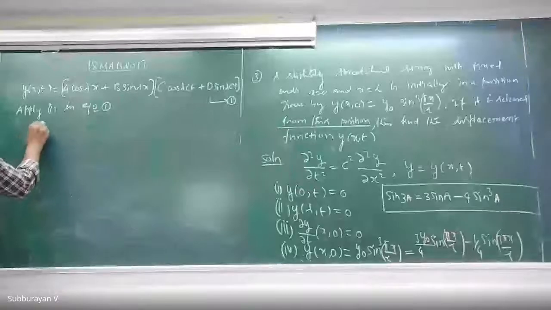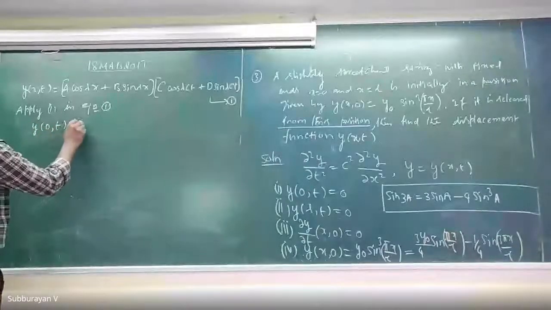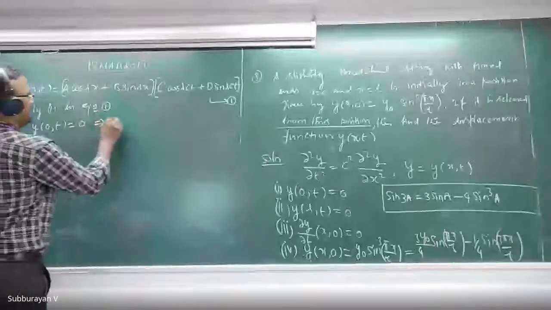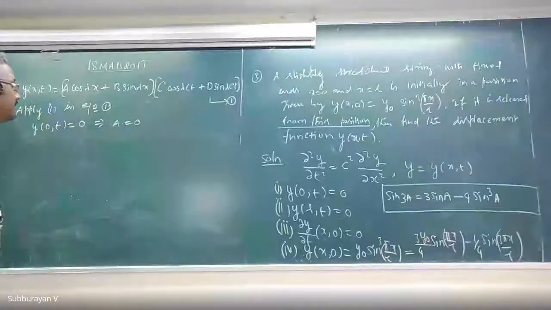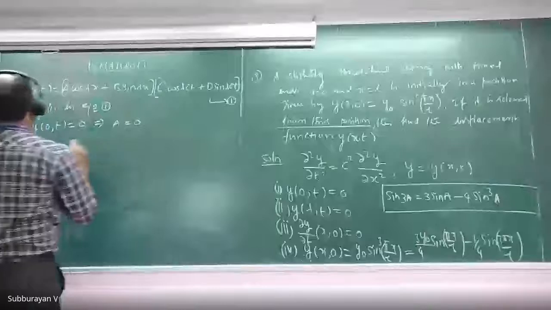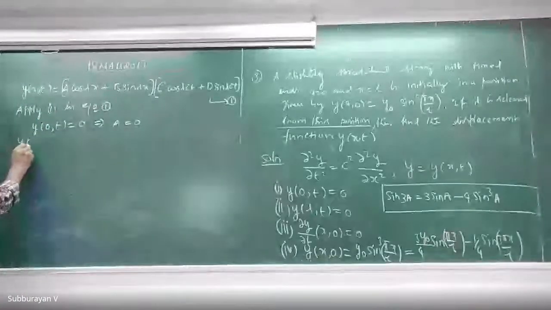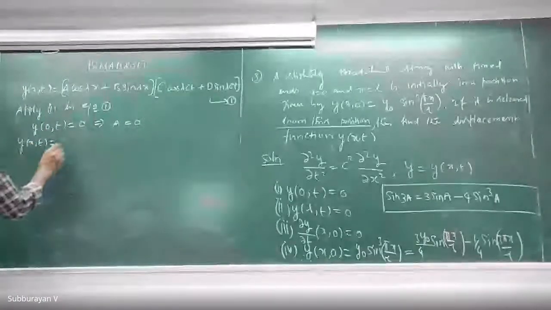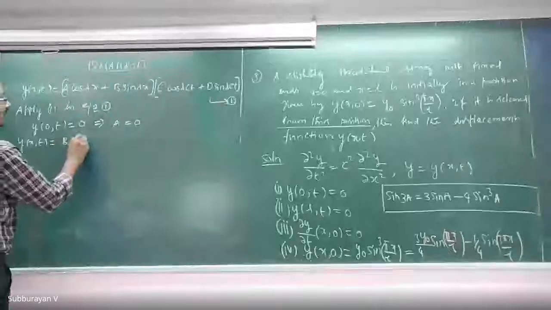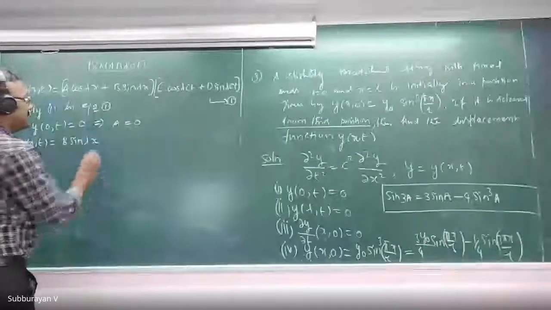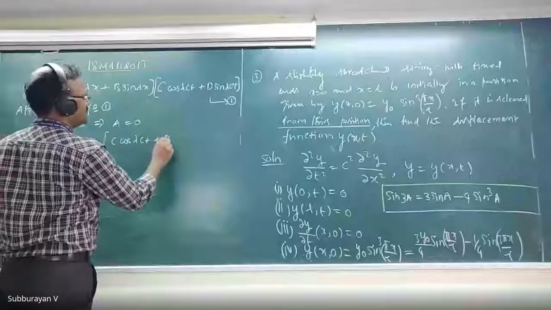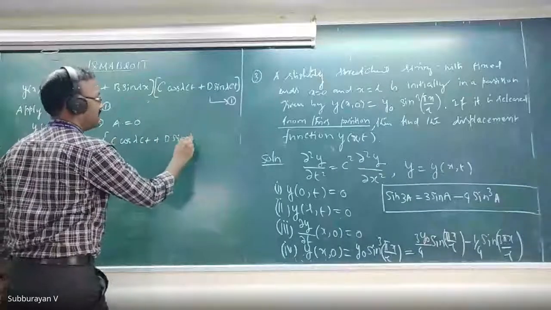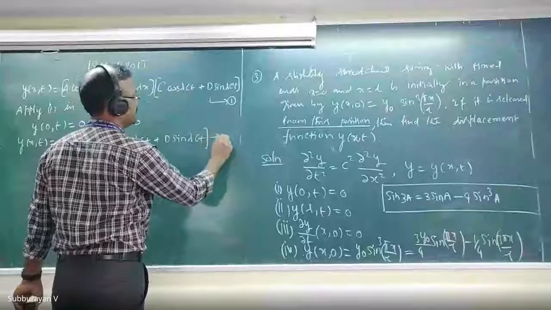That is y of 0 comma t equal to 0, which implies a equal to 0. Please verify it. Therefore, y of x comma t equals b sin lambda x into c cos lambda ct plus d sin lambda ct. I call this equation number 2.